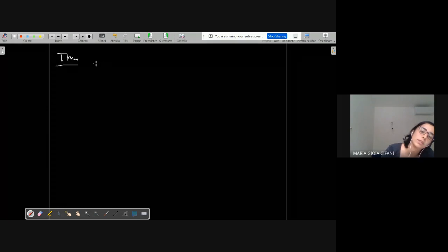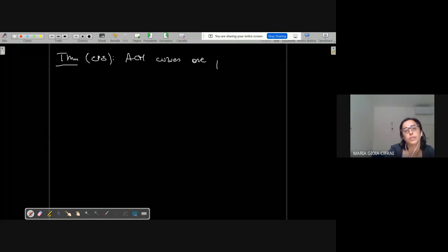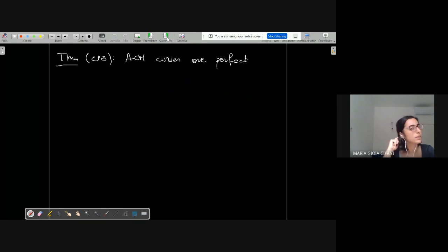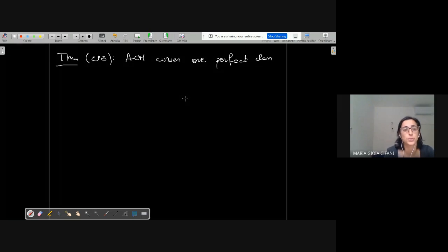So maybe the most important result is that ACM curves actually are perfect. So we can fill all the cases, not only the ones in this bound. ACM curves are perfect classes. So the class of an Hessian curve is perfect, to be more precise.